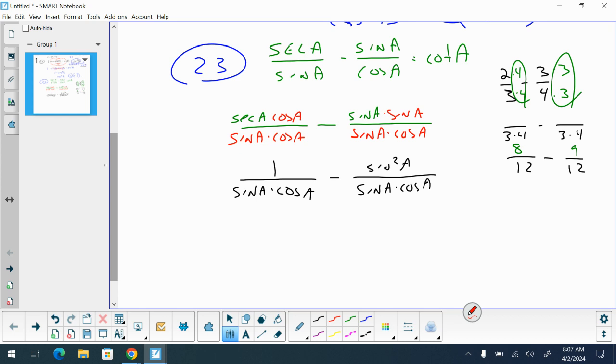So once we did our multiplication, what do we do to subtract fractions? We subtract the top and keep the bottom the same. We go 8 minus 9, all over 12. So let's rewrite this. Well, we can't really do anything with that, but I can rewrite it as 1 minus sine squared of A, just like we write 8 minus 9.